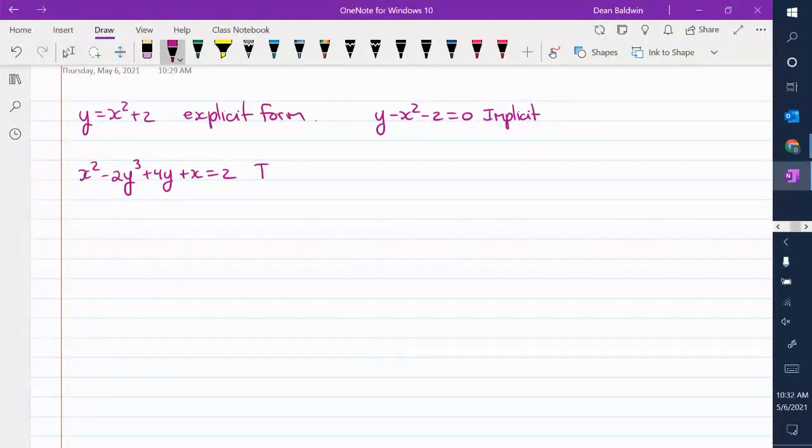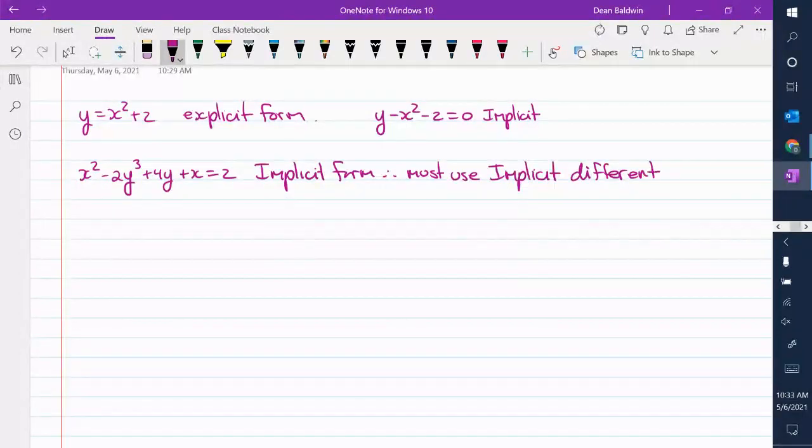So we must use what is called implicit differentiation. All the same rules apply that we have learned, okay?